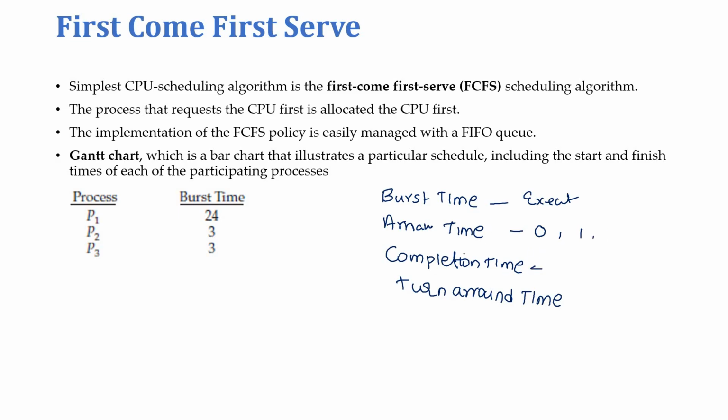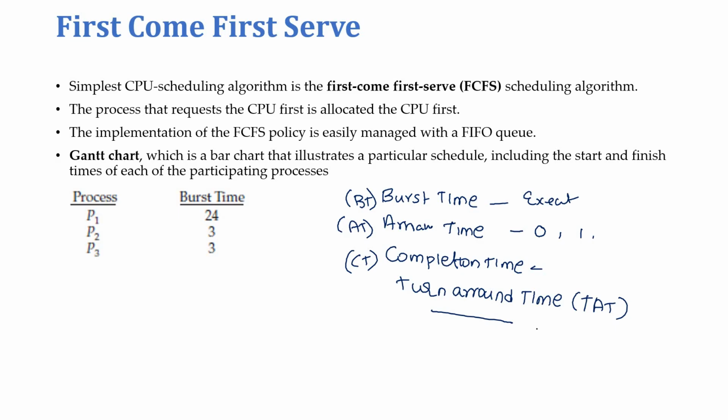Completion time is when the process completes its work and leaves the CPU. Turnaround time is indicated as TAT, arrival time as AT, burst time as BT, and completion time as CT.